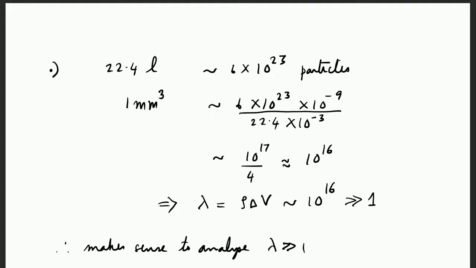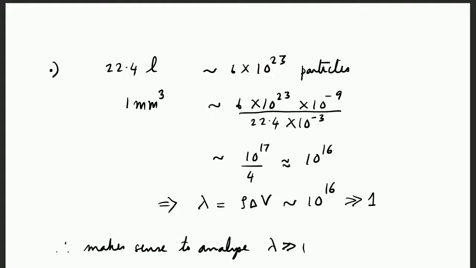So, if I take 1 millimeter cube, which is our interest, it is that number divided by 22.4 liters converted to meter cube, times 1 millimeter cube, which is 10 to the power minus 9. Then 23 minus 9 is 14, plus 3 is 17, divided by 4, roughly 10 to the power 16. So lambda is 10 to the power 16 even for a very small probe.